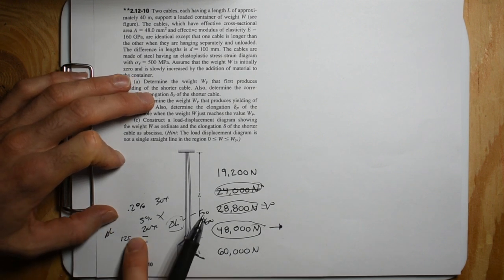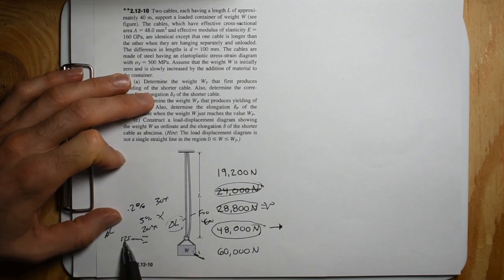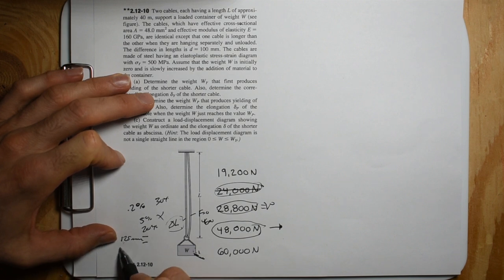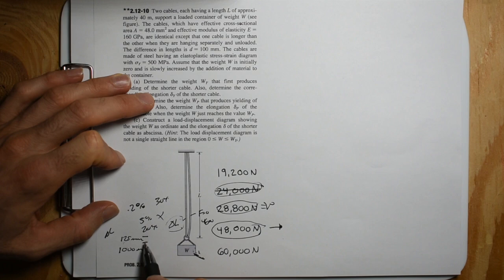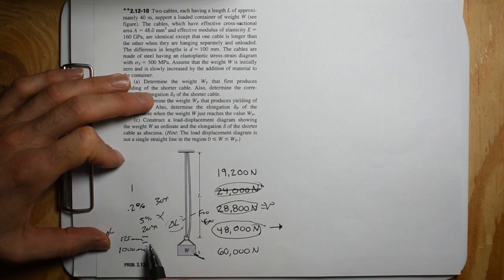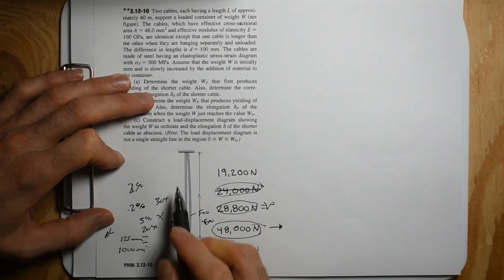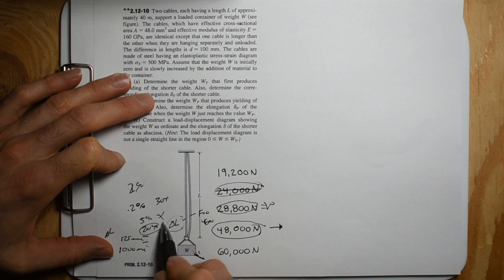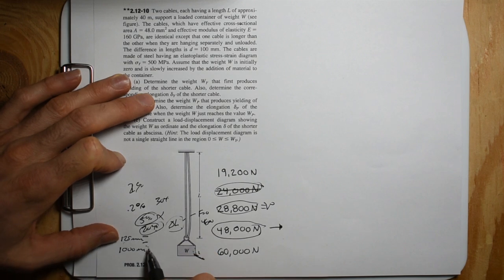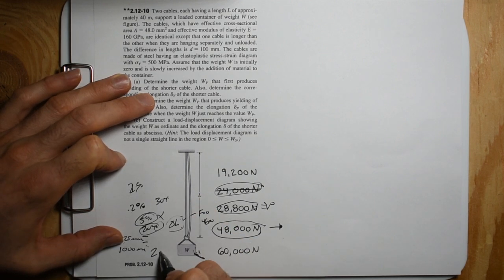So you would have to take 120 and then times 10, so we would have like 1,000 millimeters. That's 1 meter just to get up to like 2%. And we're saying we could stretch this 20%. It's pretty wild. But let's say we just stretch it 5%. Well, definitely we could stretch this 2 meters.